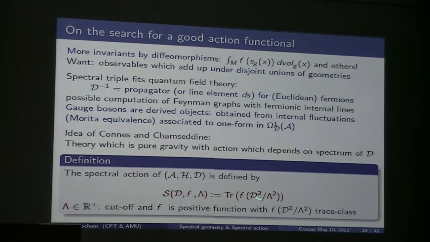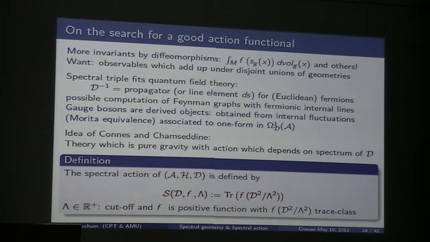I will comment about the square in a moment, but forget it. Here lambda just plays the role of a parameter, a positive number. f is a positive function. We'll see later what is the role of f. And of course, you have to assume that f of this quotient is a trace class operator. So this depends on f.